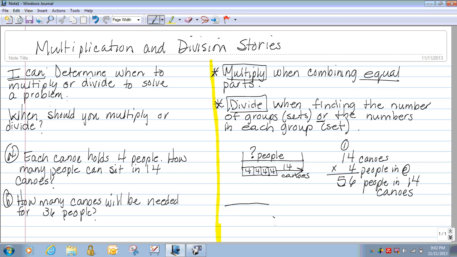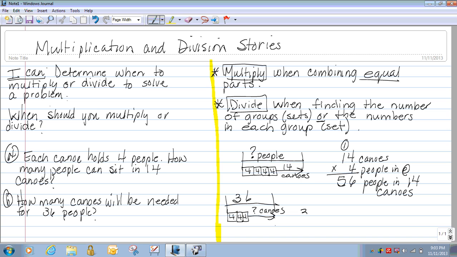Now I know the total number of people. That is 36. That goes on the top. If I know that 4 people fit in each canoe, what I don't know is how many canoes I will need. So that's what it would look like when you draw it out.